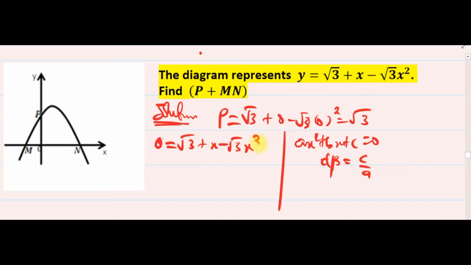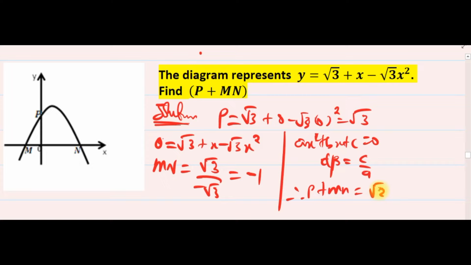So the product mn is just the constant, root 3, over the coefficient of x squared, which is minus root 3, so minus 1. Therefore, what we are looking for, p plus mn, is just root 3 minus 1. So that's the answer.